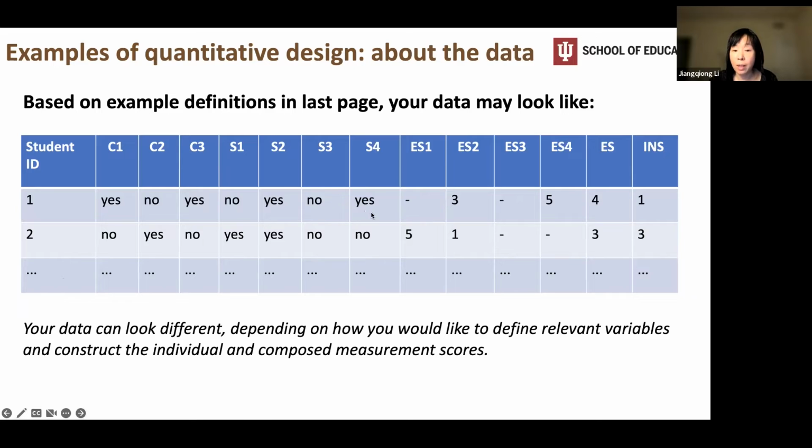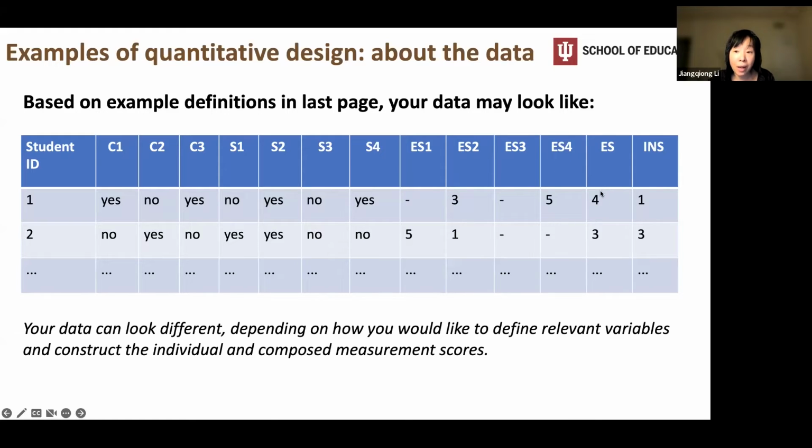They will also respond as yes or no. And here I demonstrate if we're going to measure effectiveness for each of the support systems each student has identified. For example, student 1 has identified using support system 2 and 4. Then this student will also rate the effectiveness of support system 2 and 4, coded here as ES2 and ES4 respectively.